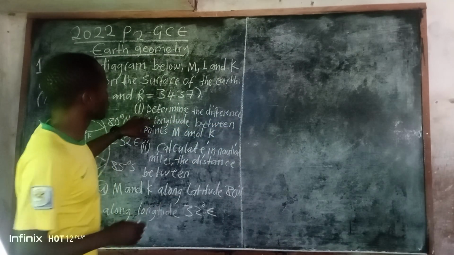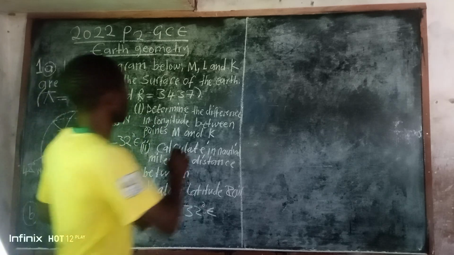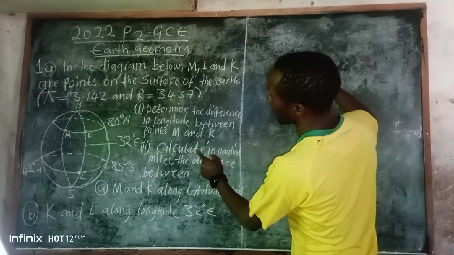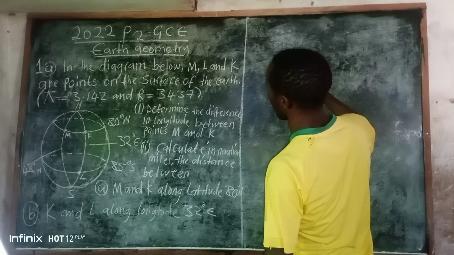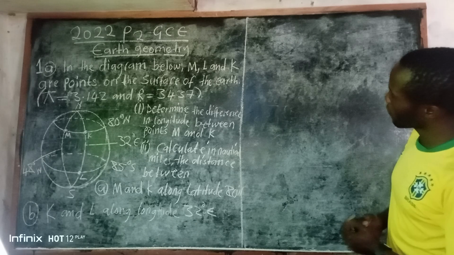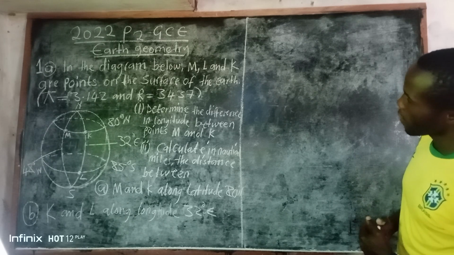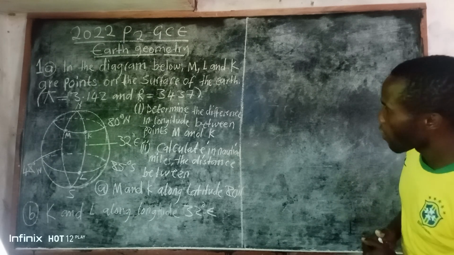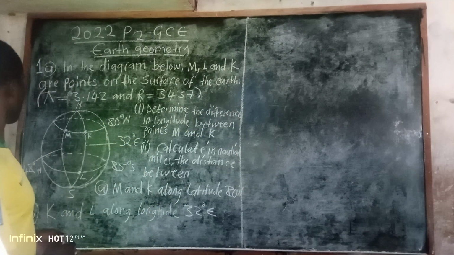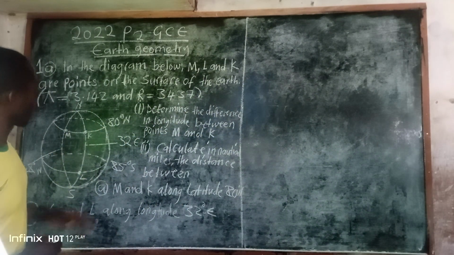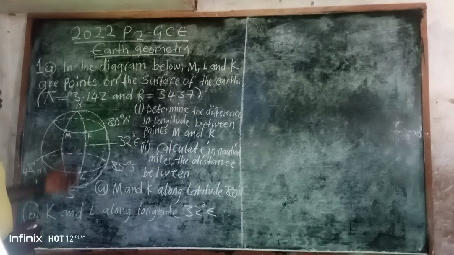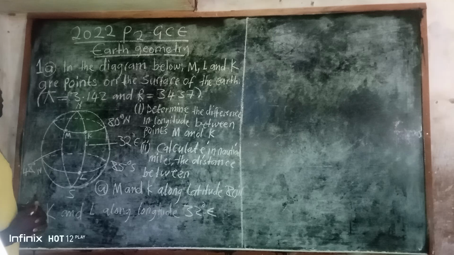First of all, we'll go to the first question, where we are asked to determine the difference between point M and point K. So how do we determine the difference between these 2 points along the small circle, which is latitude 80 degrees? Here, we need to consider the position of those points.